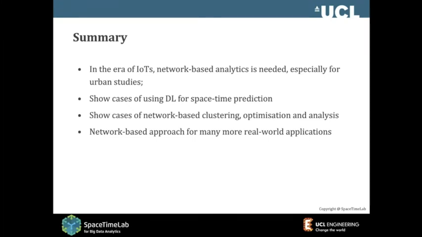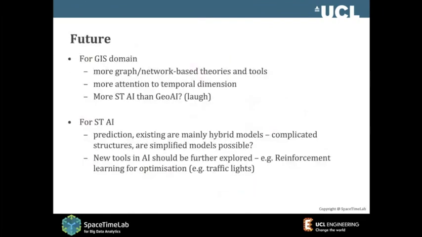Of course, more real-world applications can be explored. I also showed you cases in transport, crime, epidemiology, and rainfall studies. This also covers mobility-related work, routing problems, and trait analysis. Of course, more can be done.